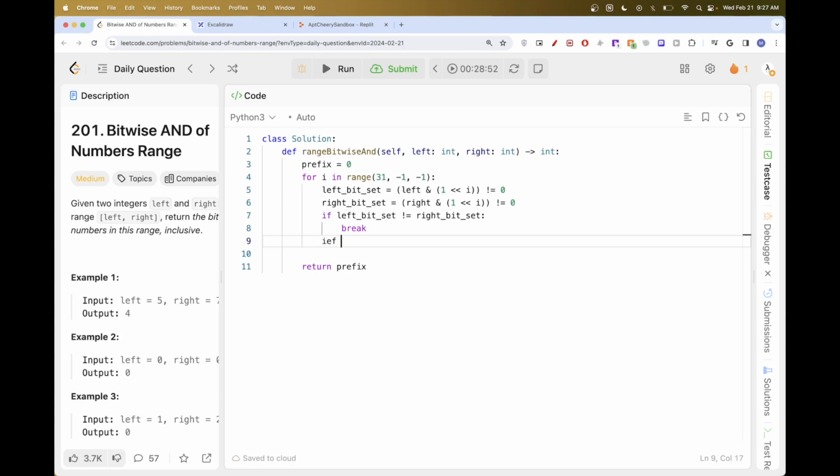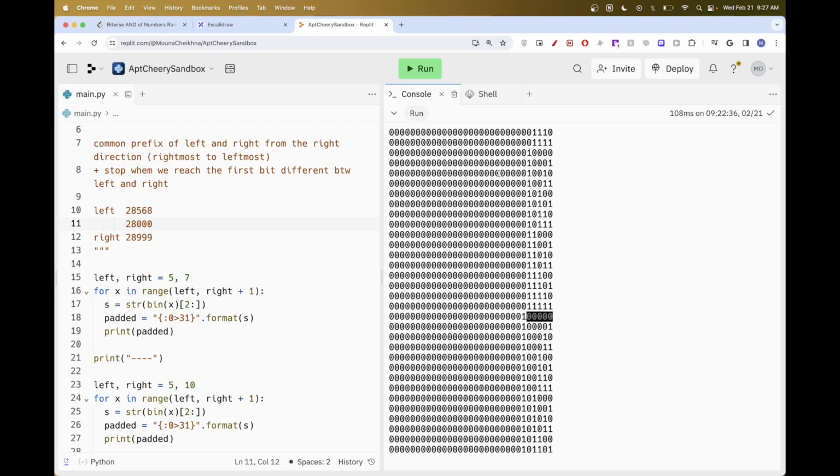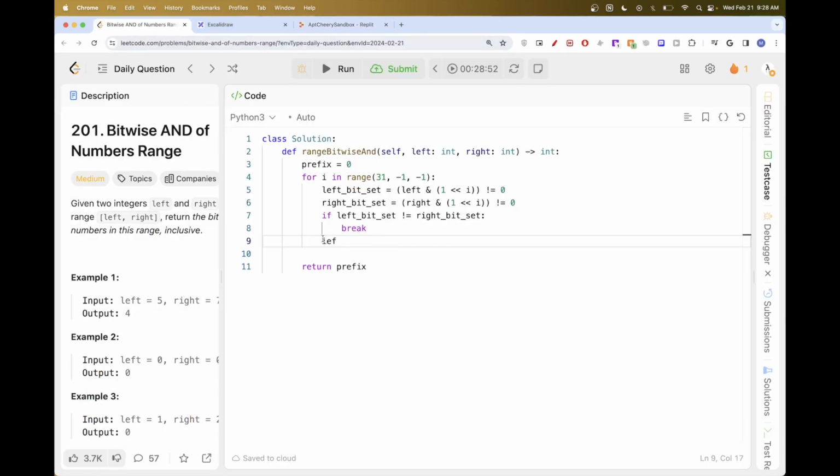And so otherwise, what should we do? Well, we set it if the left bit is set. So if one of the bits is set, which means both are 1, then we can set that bit to 1. But if it's not set, that means we have 2 zeros and we should set it to 0. But for setting it to 0, we can just not do anything because there is already 0.